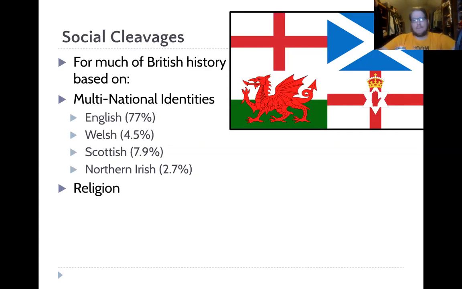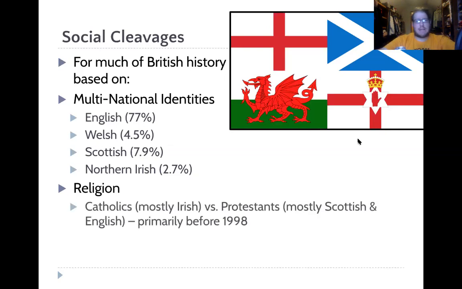Where they had some of their most noticeable cleavages up through the mid-90s or late 90s was dealing with religion. If you remember talking to anyone in your history classes about flare-ups between Catholics and Protestants in the United Kingdom, or if your world history class got to the 90s, I know we barely made it to the Cold War last year.